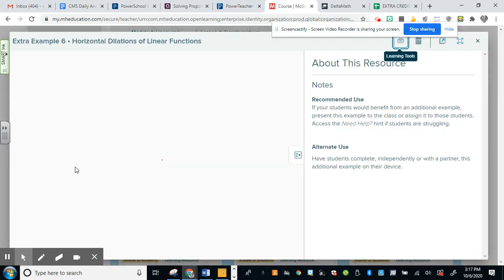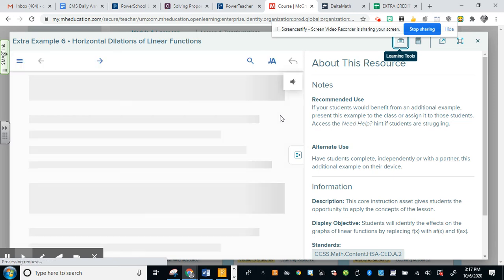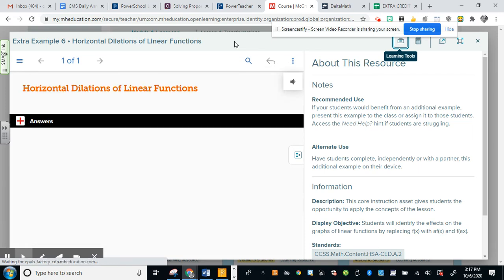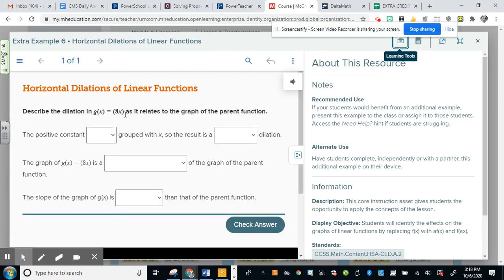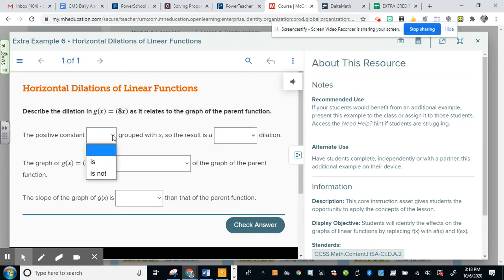And then your other example, extra example of another dilation. I'm guessing these are going to be in hugs. So yes, these are grouped together. So it is a horizontal.